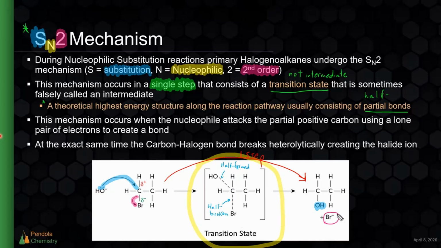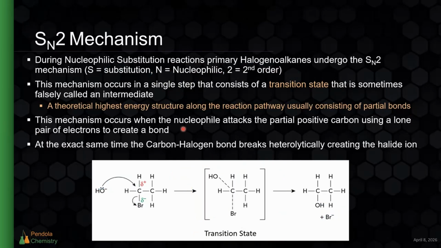You might notice that the bromide has a negative charge because of the electrons that it picked up from breaking the bond. So that's the SN2 mechanism. It happens all at once. The transition state shows the half-formed hydroxide to carbon bond and the half-broken carbon to bromine bond. So it's all happening all at once in one mechanism step.